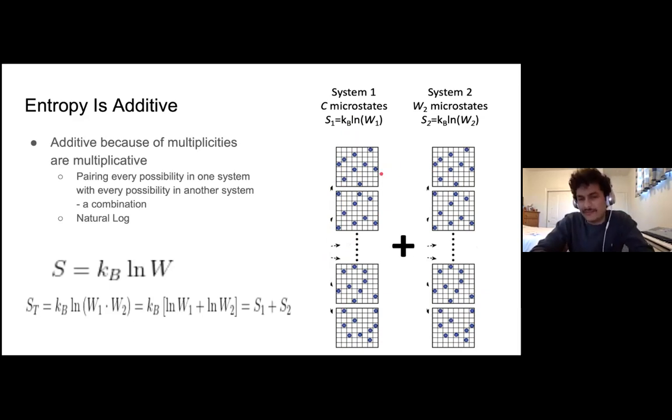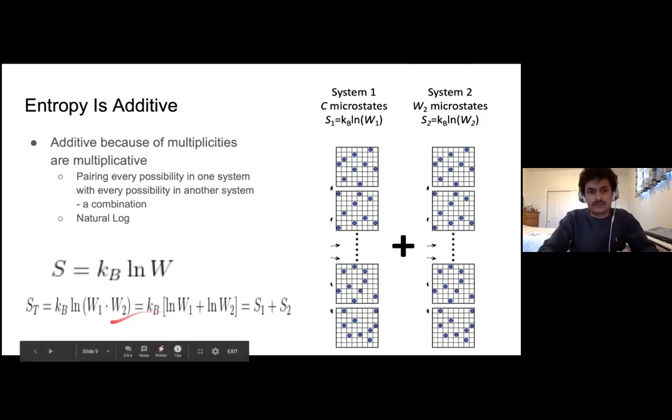And what that means is how many ways can I pair up the microstates from system 1 to the microstates of system 2? So that's saying, okay, this microstate, there's one pair, then another pair there, another pair there, and we just go down and do that for all of them. And that's just simply a combination. We can multiply the number of microstates in one system by the microstates in the other to get those combinations. And that's what we do here.